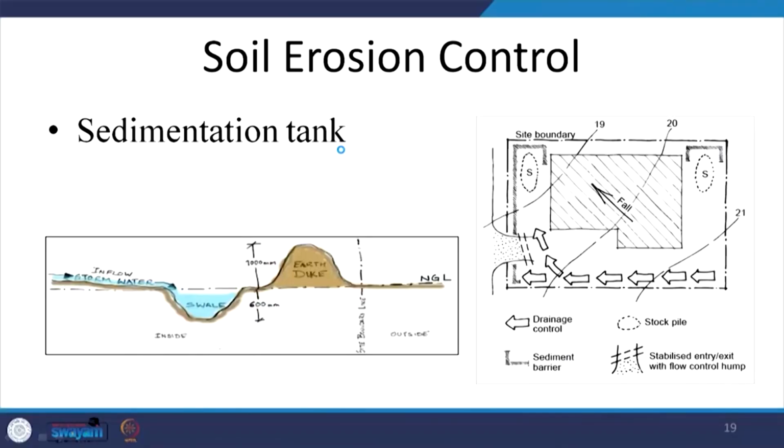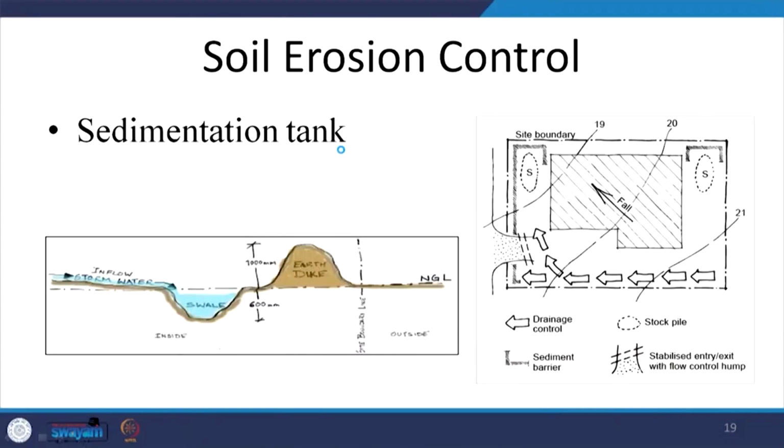There are sedimentation tanks. Now sedimentation tank, the previous three strategies which we just discussed require less space. They are just channels. So depending upon how much area you have available, smaller channels can be created, they can be created at regular intervals and all of that. However, sedimentation tank requires a larger area.